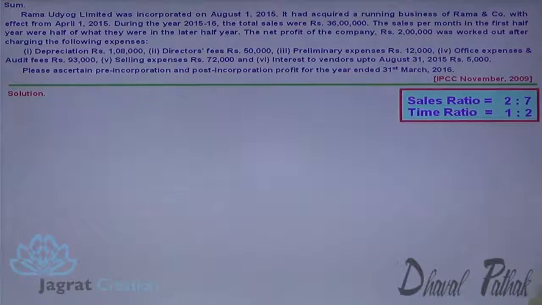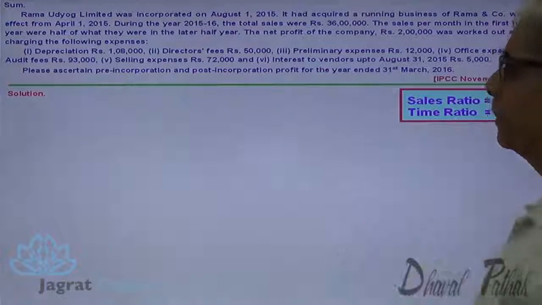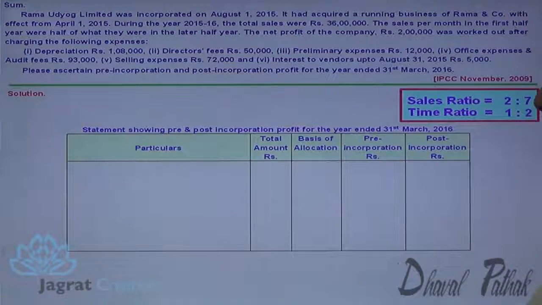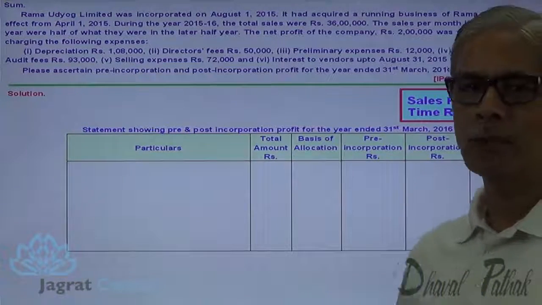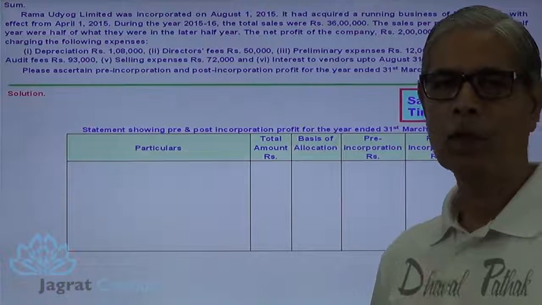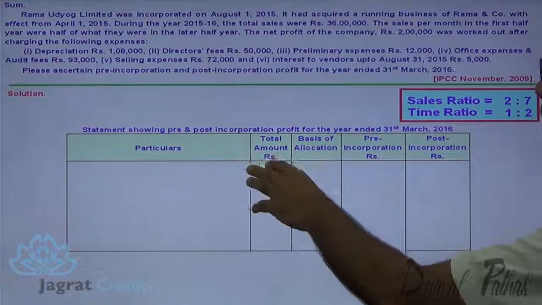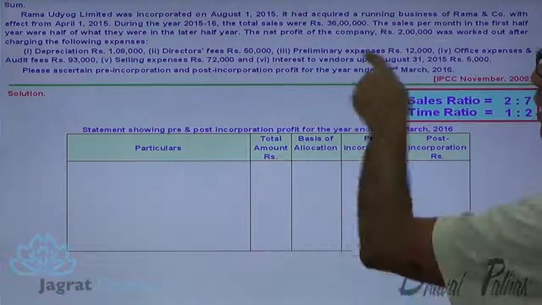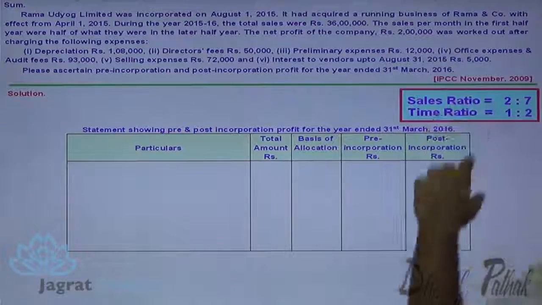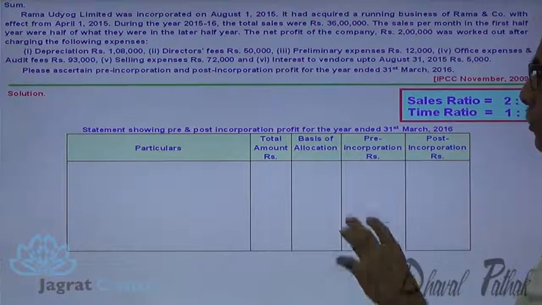After this, I want to prepare a statement for bifurcating, or for the purpose of finding out the profit for a pre-incorporation and post-incorporation period. So this is the total amount of expenses, and the gross profit given to me will be recorded in total amount.